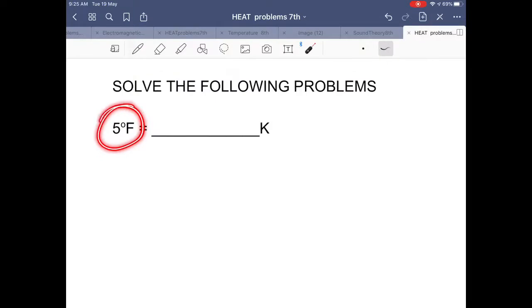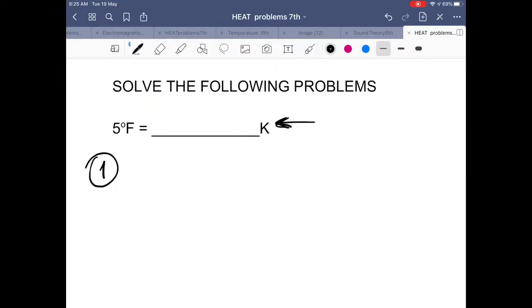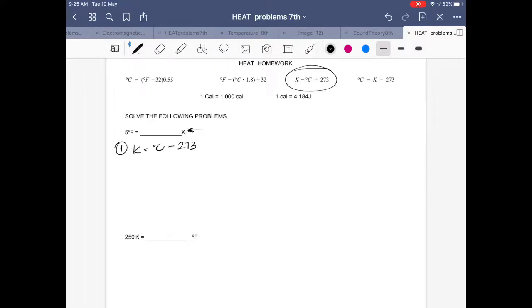In this one, they're giving you Fahrenheit and you're searching for Kelvin. So the very first step is to put whatever you're searching for, in this case Kelvin. So Kelvin equals degrees Celsius minus 273, as we have it right here.